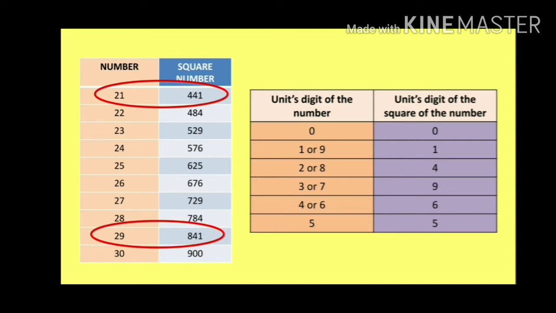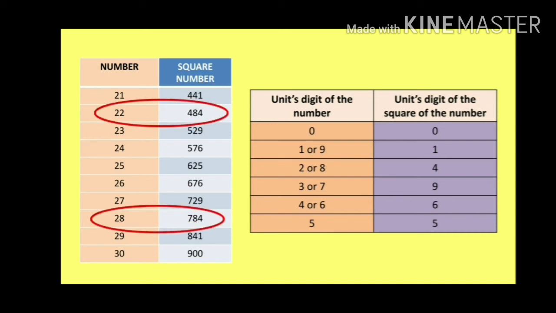So 21 square is 441, 29 square is 841. Both of them end with 1. So the given number ends with 1 or 9, but the square number ends with 1. By seeing the unit digit of the given number, we can say what will be the unit digit of the square number.